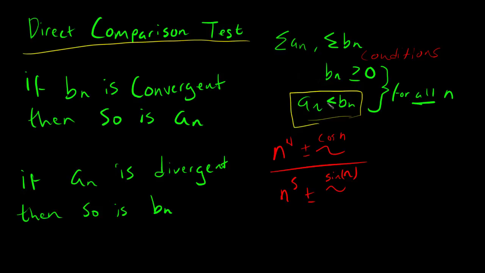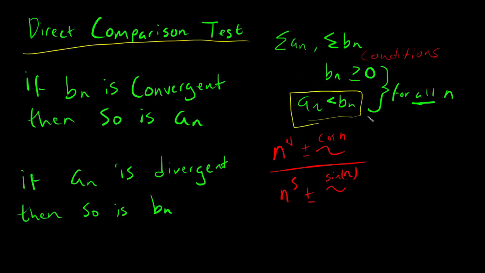And this a sub n has to be less than b sub n. This is kind of deceitful, because it's true, but it's also not true, because you'll see later on as we do more problems that this isn't true for all n. It's true for all n past a certain point in a lot of cases.